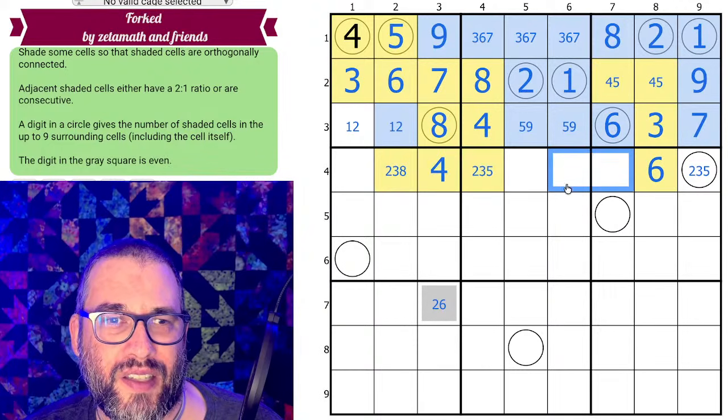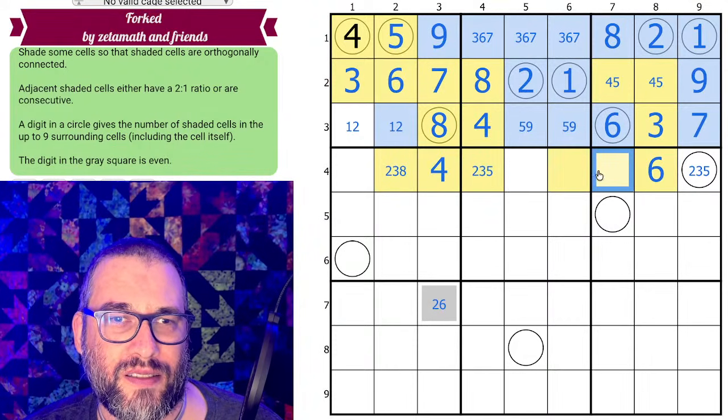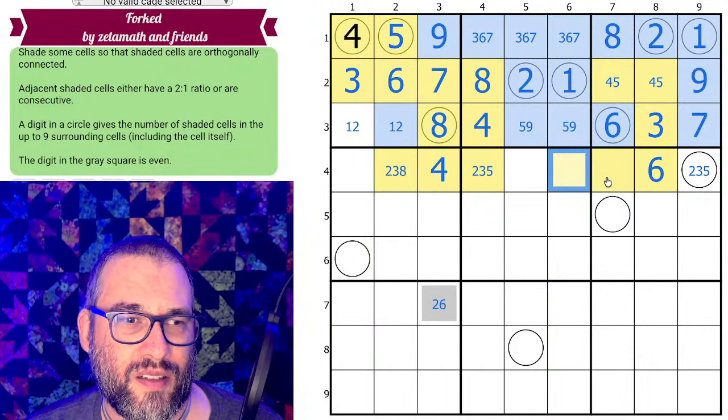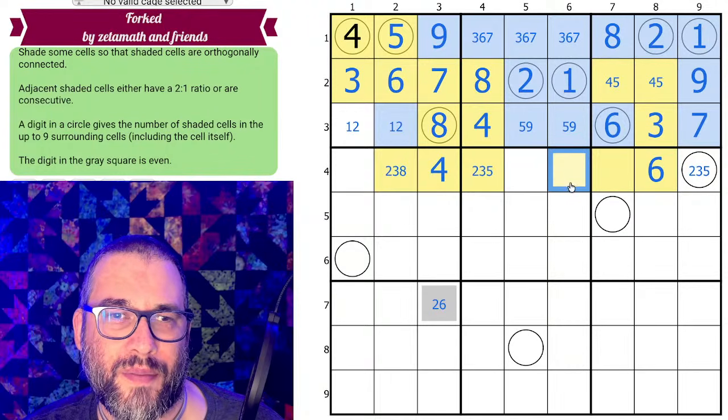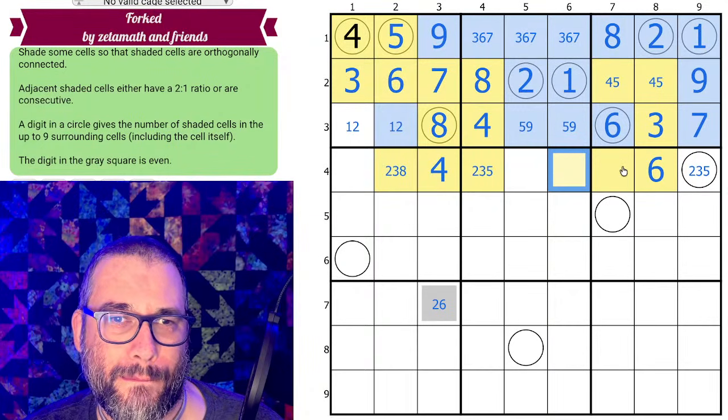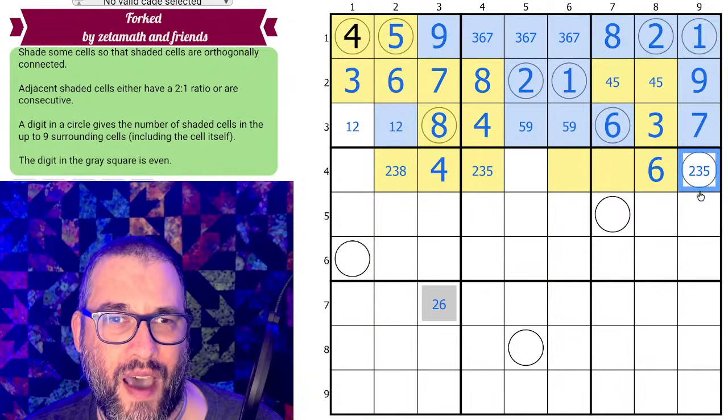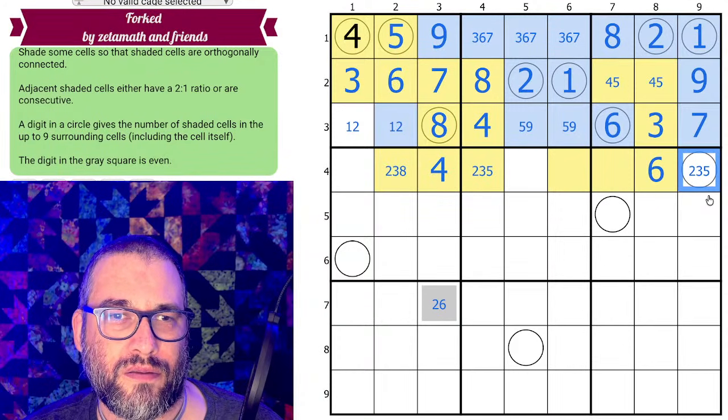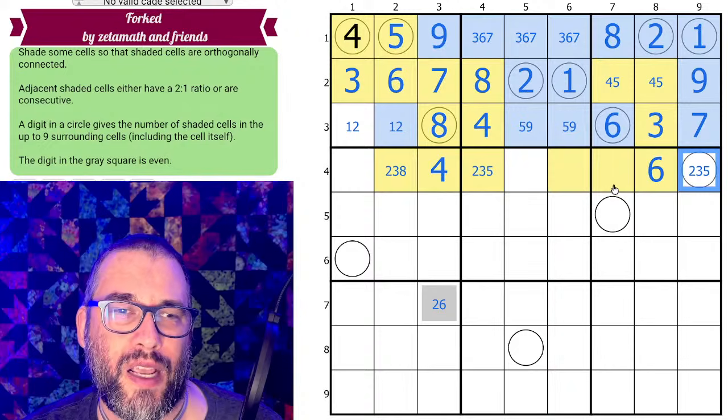By this 6, these two have to be shaded. See, if this is shaded, it's a 5, which is consistent. Oh, I guess it could even be a 3.